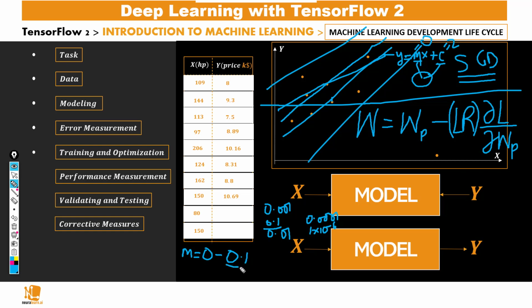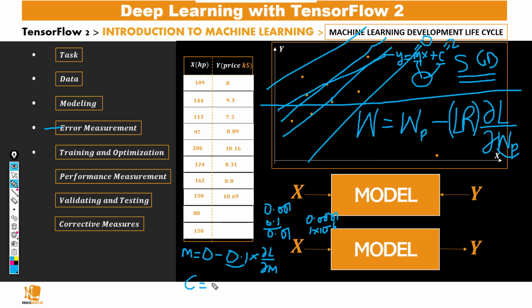So that's our learning rate times the derivative of the loss. Now what's the loss? Recall we have already seen 3 loss functions in our error management section. So here we have 0.1 times the rate at which the loss changes with respect to that particular weight, that is, with respect to m, and the same is done for c.